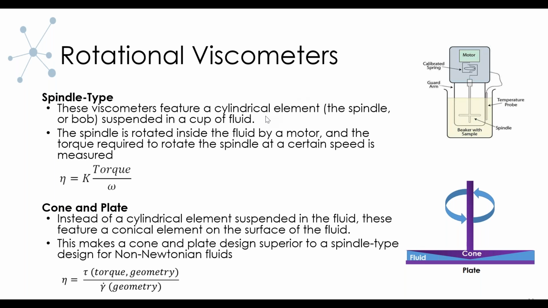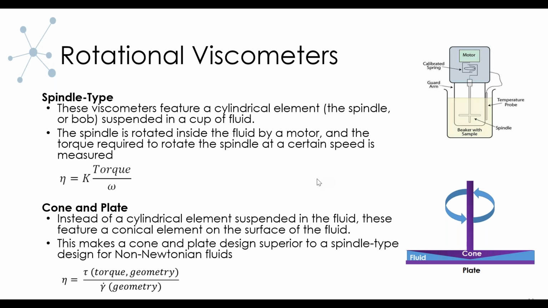The spindle type viscometers rotate in the fluid, and the torque is converted into reference viscosity. Reference viscosity is a little different than true or absolute viscosity, in the sense that the viscosity is compared to a known standard.